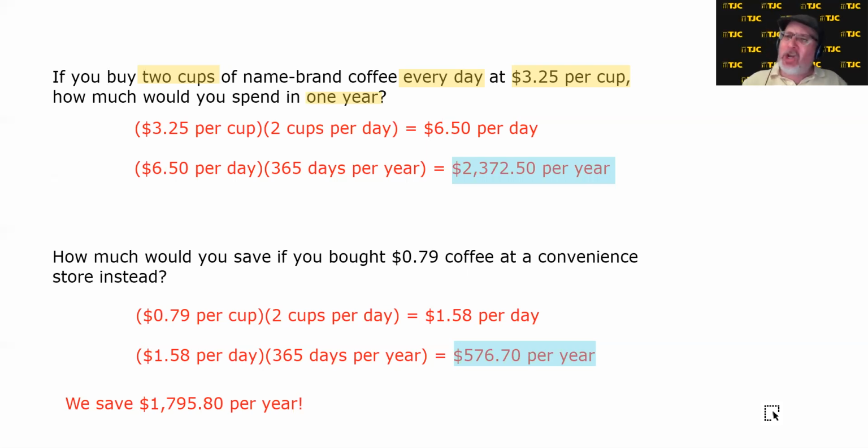That's a down payment on a car, or a down payment and a bunch of monthly payments on a car. So by calculating the annual expenses for regular, seemingly small expenses, it can really open your eyes onto places that you can save to increase your income and your disposable income.